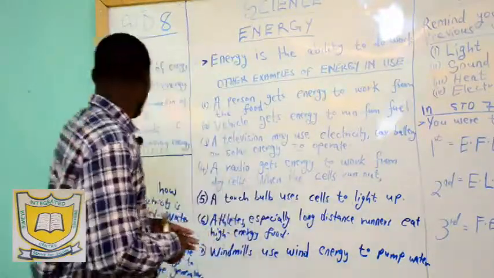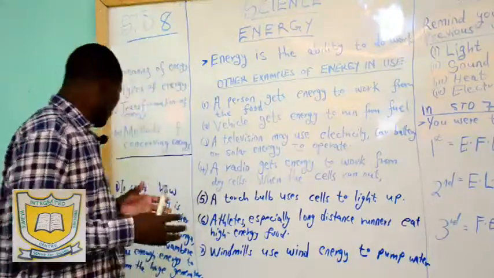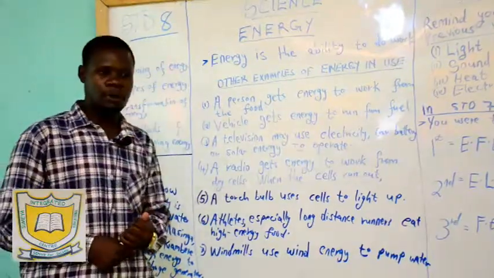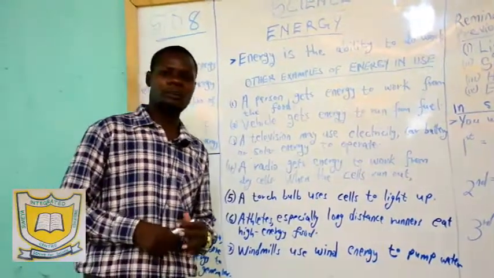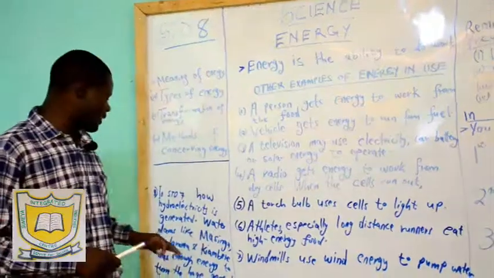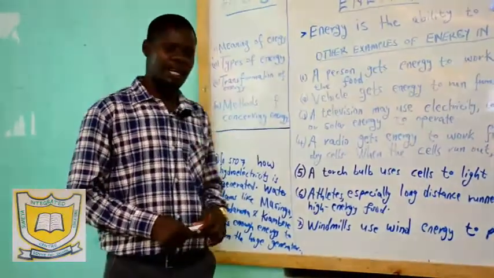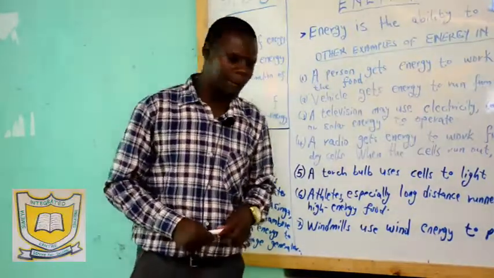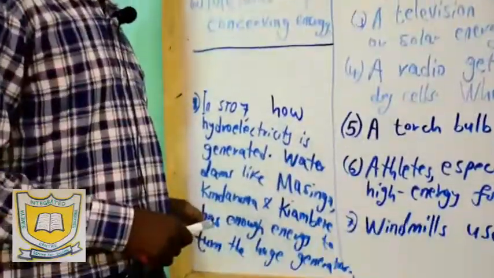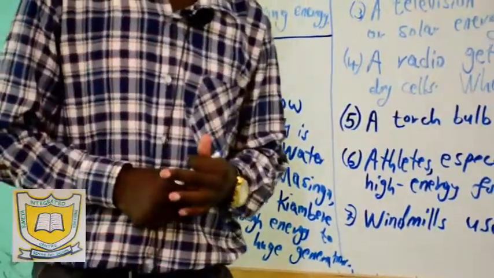Lastly, in Standard 7, we discuss how hydroelectricity is produced. The word hydro means water. Water dams like Masinga, Kindaruma, and Kiambere, which are found along River Tana, have enough energy to turn the huge generators to produce electricity.